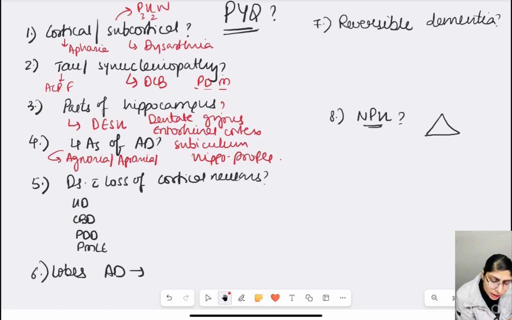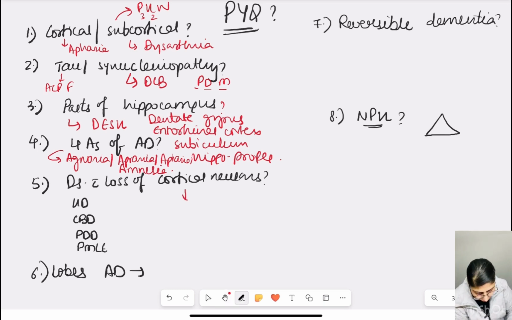The answer was no. They had given 4 MCQs and asked which one is not a feature of AD. So acalculia is not a part.